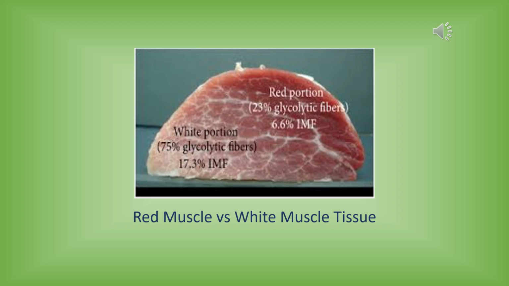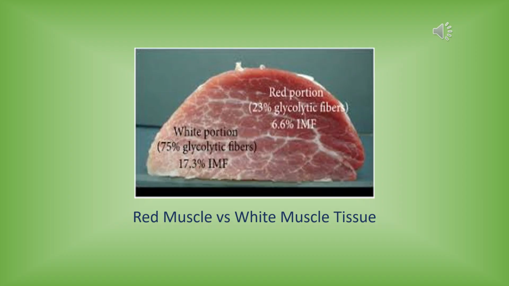The person who has mostly red muscle tissue can run very fast, but they can't run very far. They can jump very high, or they can push an enormous amount of weight, but they can't do it very many times. So red muscle tissue is extremely strong, but it is very low in endurance.